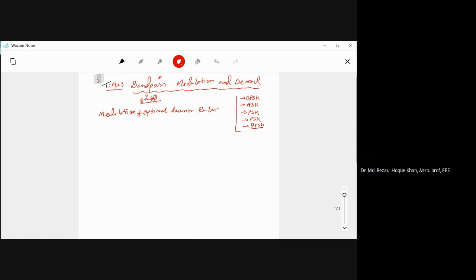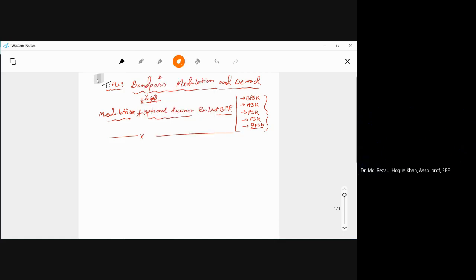For each scheme, we will cover this topic: modulation, optimal decision rule, as well as bit error rate.